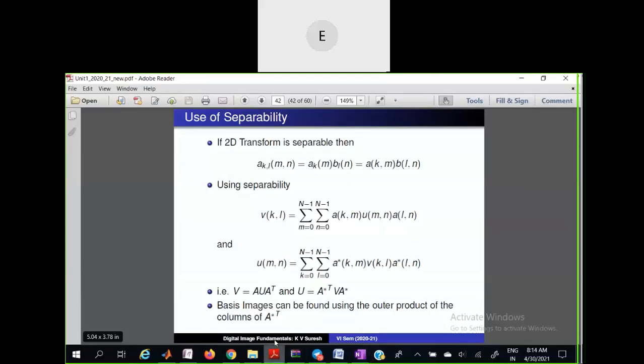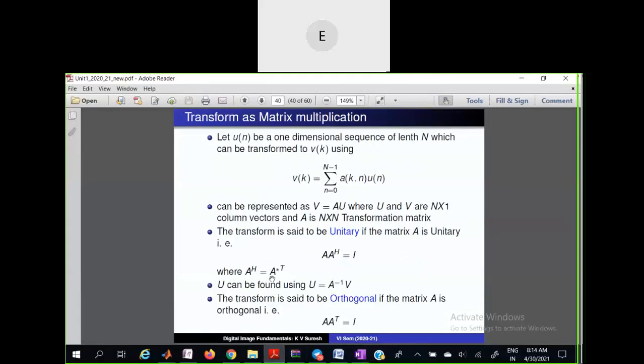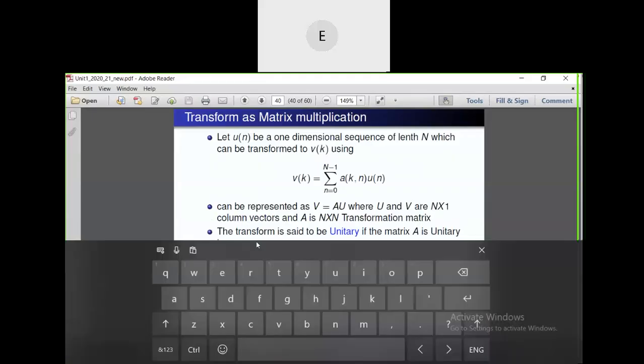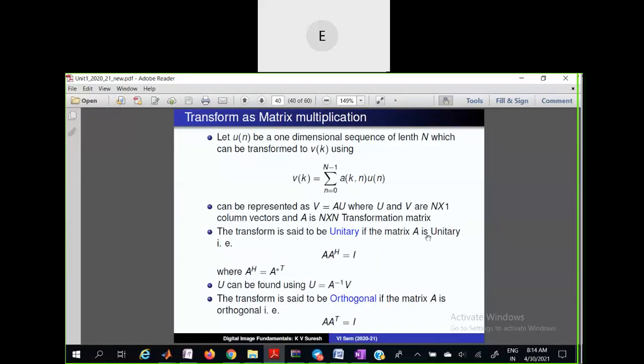If you want, I can show that to you. Yes, somebody is trying to speak. Is it Vinay Kumar? If none of you are speaking, let me just continue.